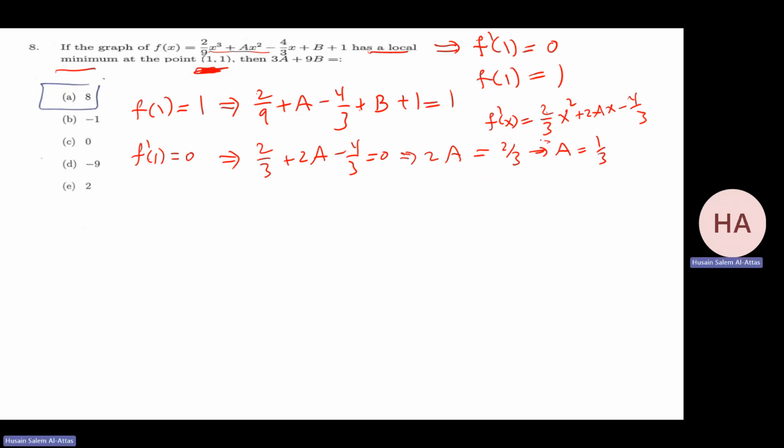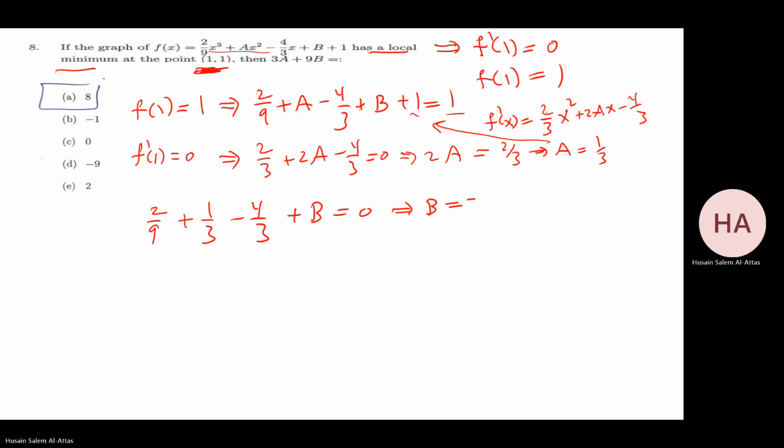I plug it here. We get what? 2 over 9 plus 1 over 3 minus 4 over 3 plus b equals 0. So I have b is what? Minus 2 over 9, minus 1 over 3 plus 4 over 3, minus 1 plus 1.